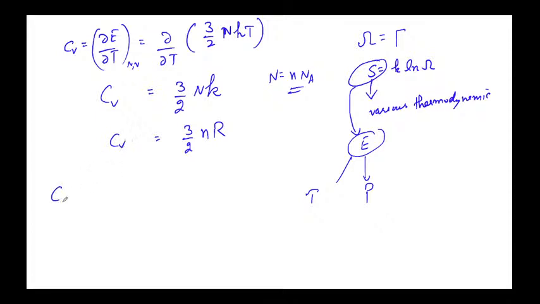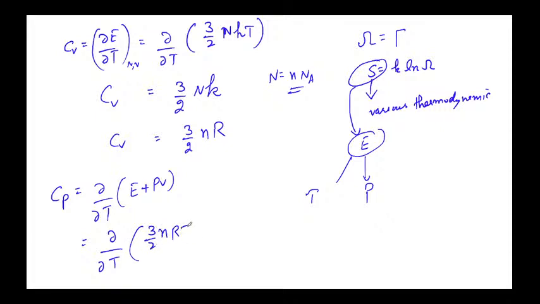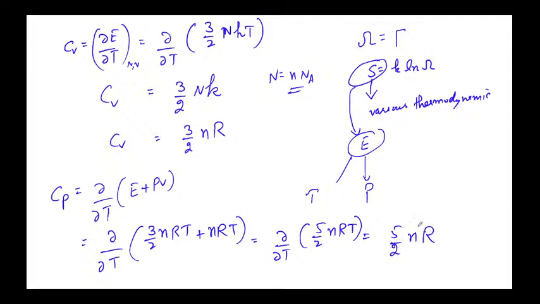Similarly you can calculate the specific heat at constant pressure, that is ∂(E plus PV)/∂T. So this is ∂/∂T of 3/2 nRT plus PV, which is again nRT. So it comes out to be ∂/∂T of 5/2 nRT, and from that it is coming of the order of 5/2 nR.